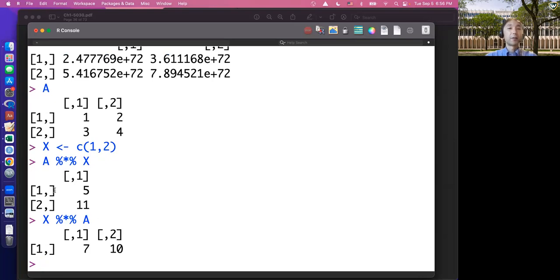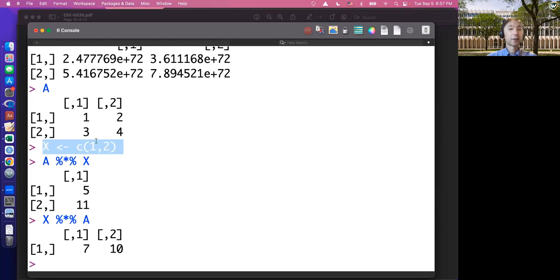In the first example, X is regarded as a column vector, a vector of 1, 2. For example, the first element 5 comes from 1 times 1 plus 2 times 2. 11 comes from 3 times 1 plus 4 times 2. And in the second code, X is a row vector and we compute X times A.